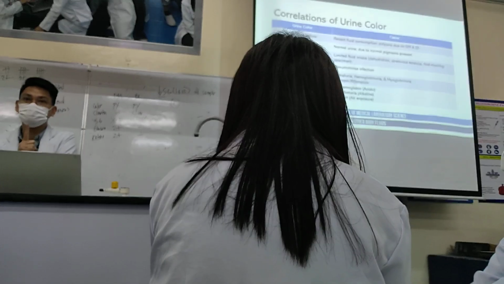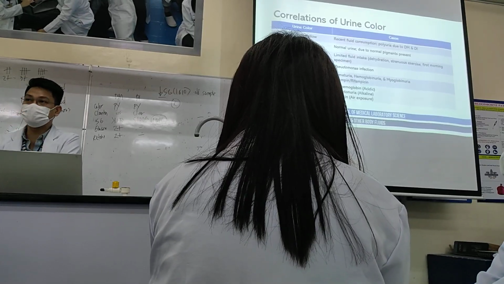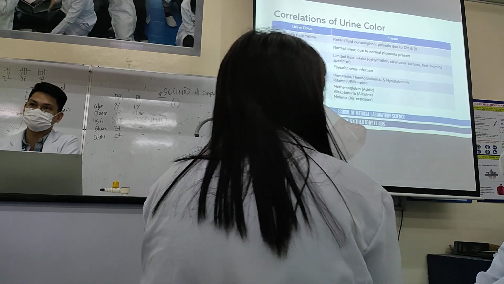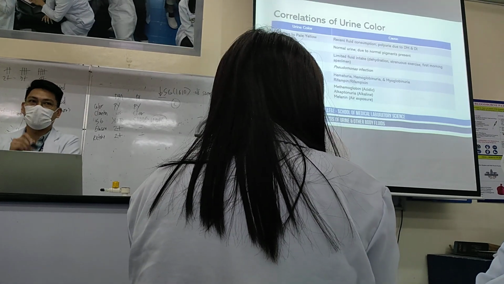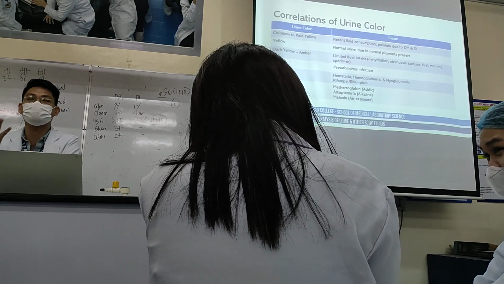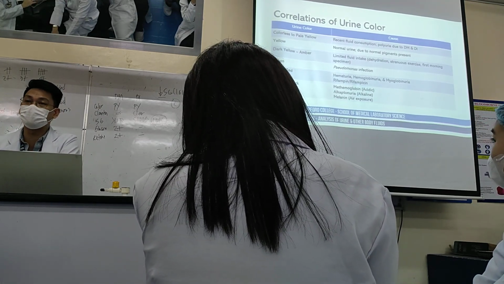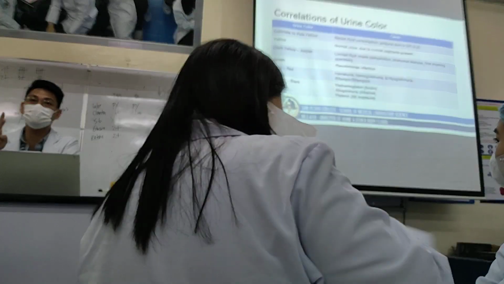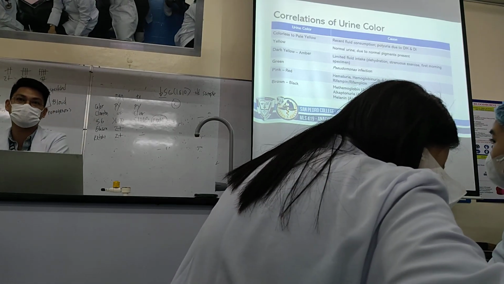Increased ang homogentisic acid. And once homogentisic acid is exposed in an alkaline environment, it will turn into color black. Kasi di ba alkaptonuria means alkali lover.